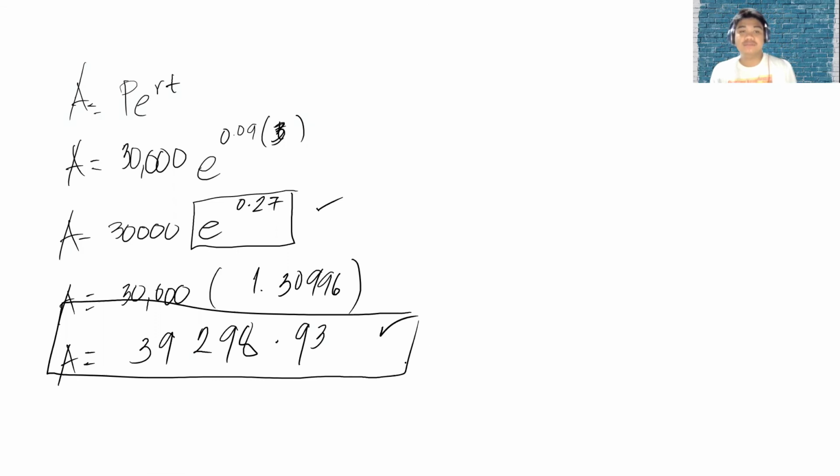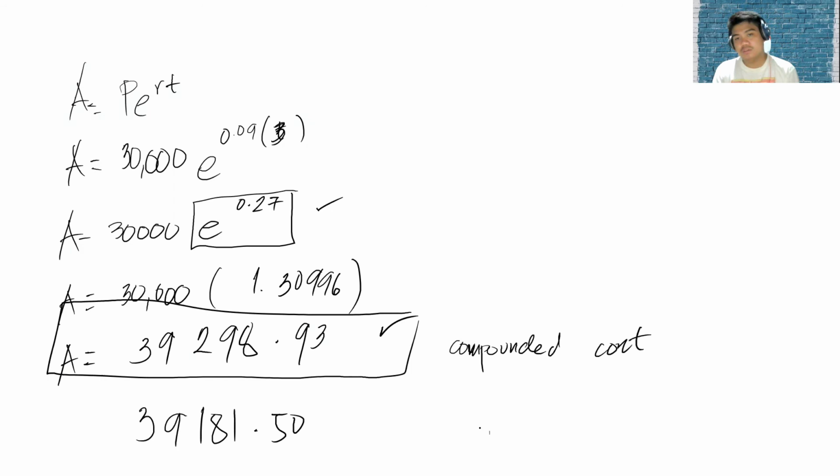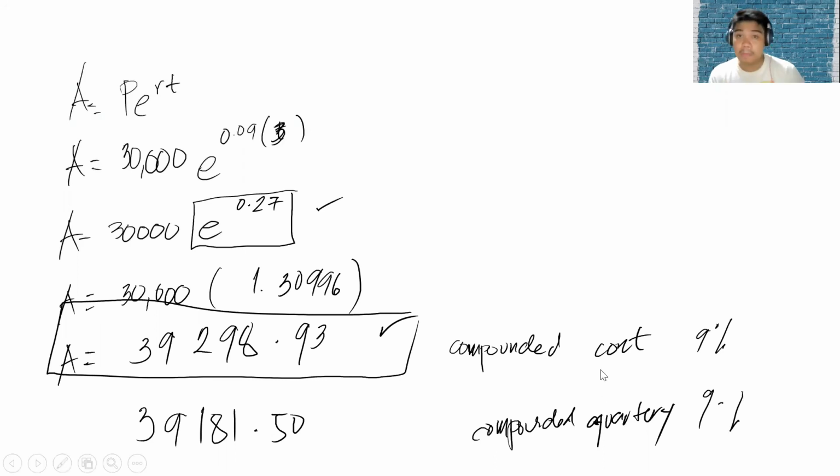Our answer earlier in the previous item is 39,181.50. So this is compounded continuously, and this one is compounded quarterly. And they are the same at 9%, 9%. So as you can see, the final amount, or the total accrued amount, is larger for the one compounded continuously at the same rate.